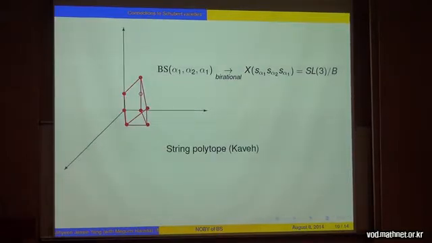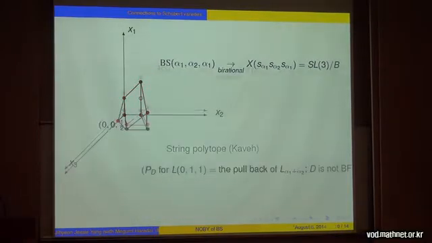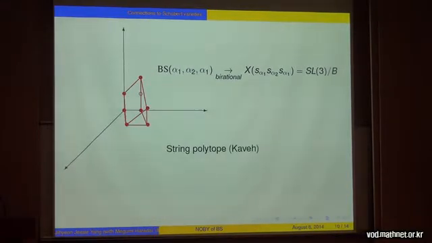However, if I just take the lattice points of the previous polytope and take the convex hull, actually this is the string polytope you can find in Kaveh's paper, where there's a slight rotation here. And Kaveh showed that this is a Newton-Okounkov body of the Bott-Samelson or Schubert variety.